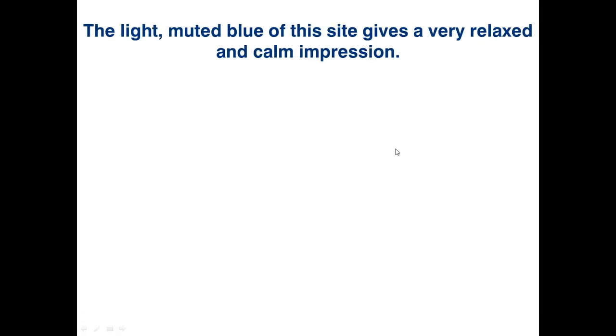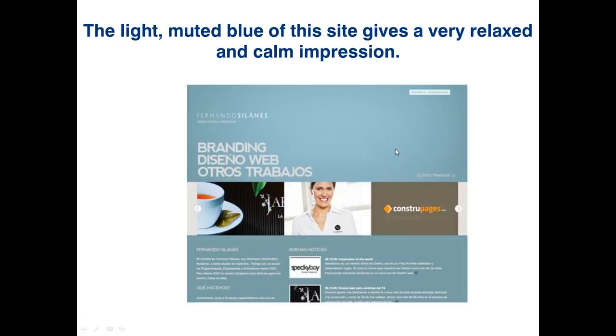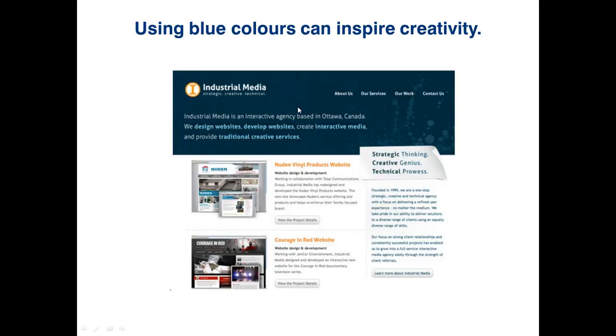Again, it's all about getting ideas. What I like about this one is that the light muted blue gives a calm impression. It looks a little bit like a Donna Hay cookbook, and I'll talk about that a little later on. I think that looks quite cool as well, and again, blue colours inspire creativity.